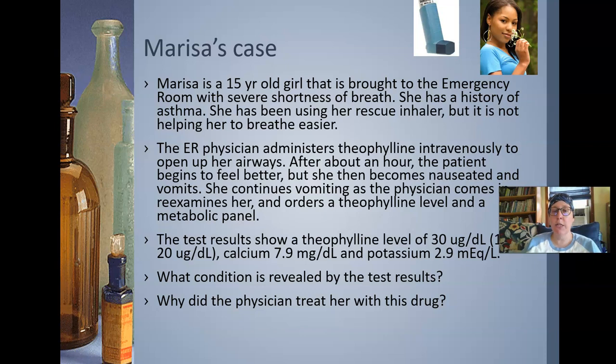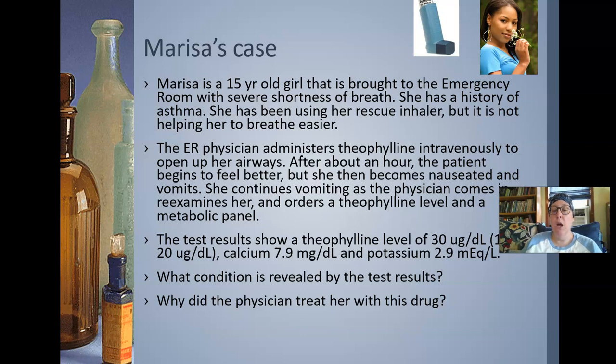She continues vomiting as the physician comes in to re-examine her, and he orders a theophylline level and a metabolic panel. And so the results show a theophylline level of 30 micrograms per dL, and the range is 10 to 20 micrograms per dL. So it's obviously too high. The calcium is 7.9 and the potassium is 2.9, and those are both lower than what they should be.